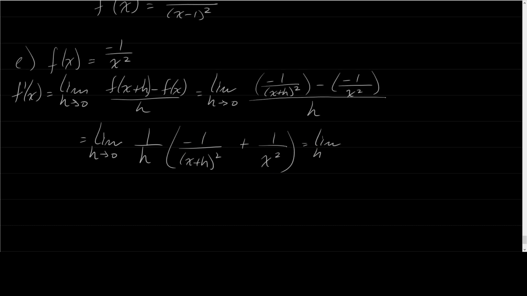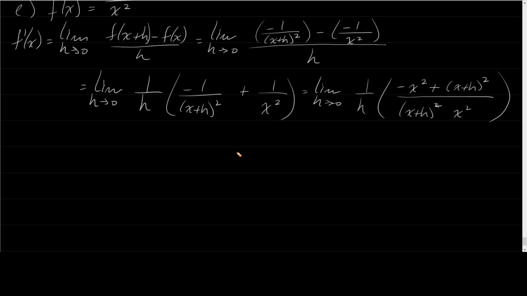So I have the limit as h goes to 0 of 1 over h times, well, my common denominator, (x plus h) quantity squared times x squared. All right, so that's the common denominator that I get there. On the numerator, I end up with -1 multiplied by x squared, so -x squared, plus the quantity (x plus h) squared, just multiplying those two to the numerators.